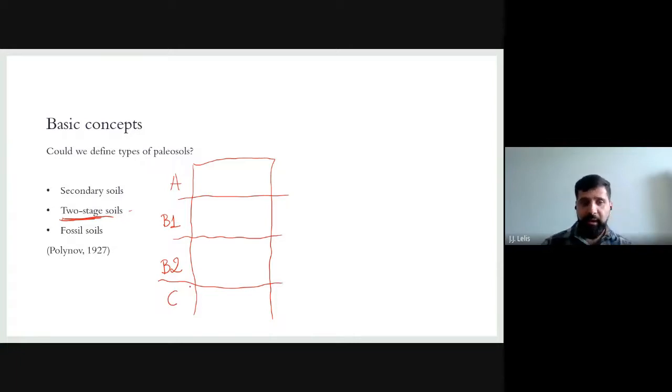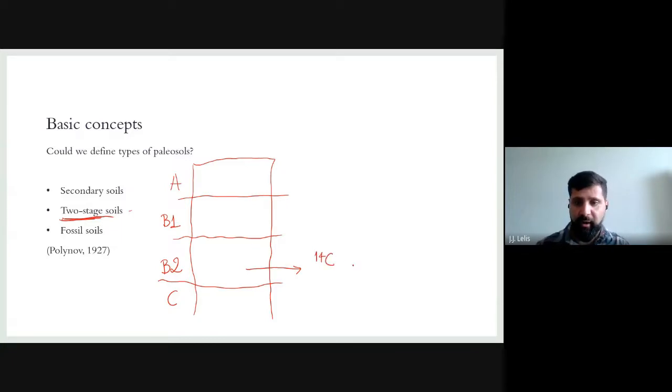And I date the organic matter of these materials, or I date the formation of the iron oxides, or I date the formation of clay coatings. I date something in the soil.